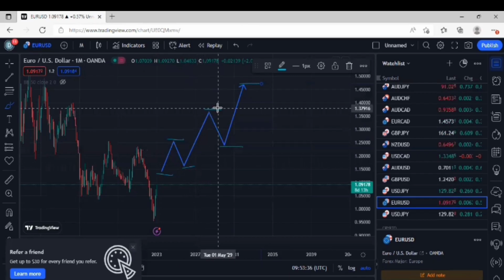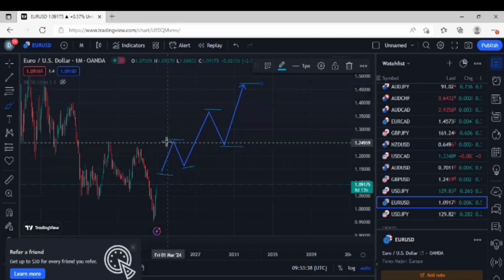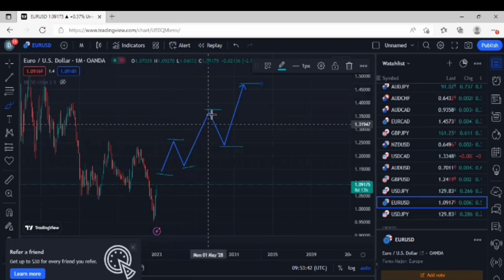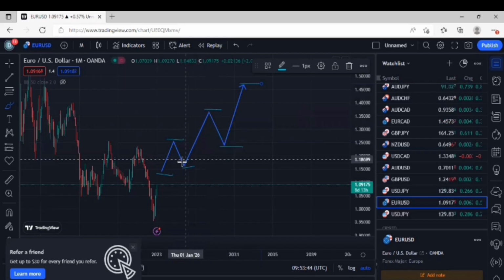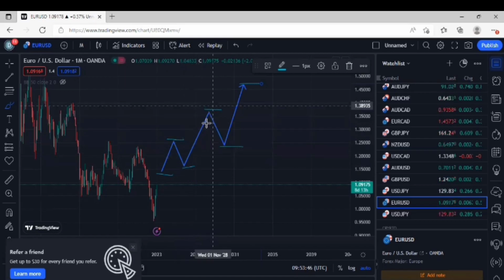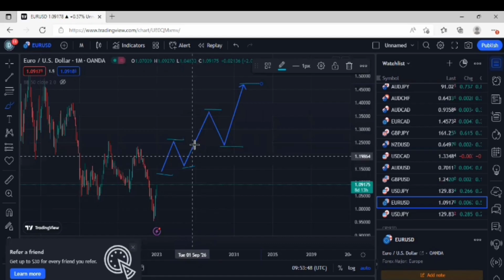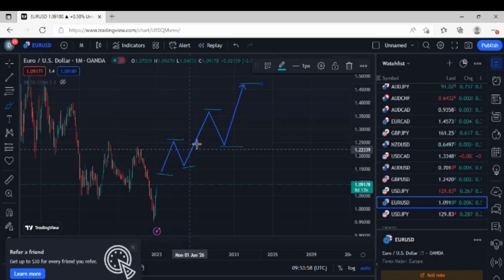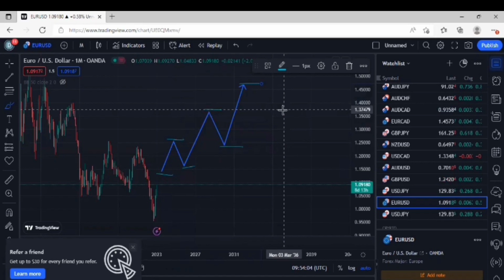The resistance was broken here to create a higher high, and this gives you the confirmation that the market is moving up as soon as this structure is broken. So when the market is creating higher highs and higher lows, that means you are having an uptrend. You can see the movement up here.